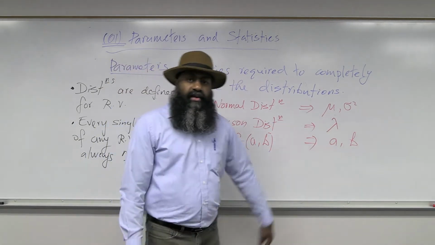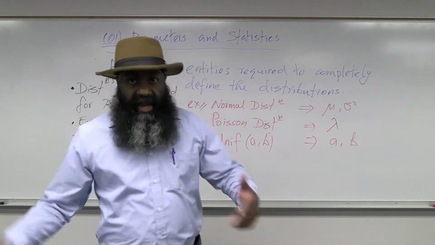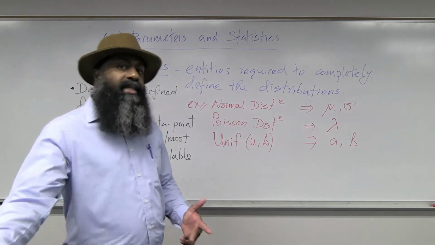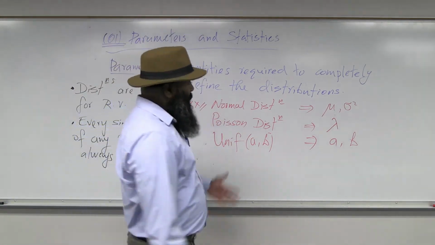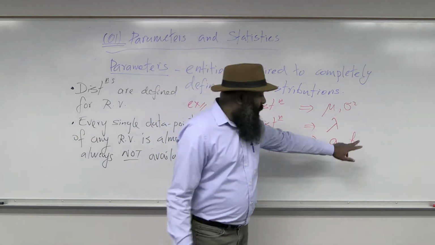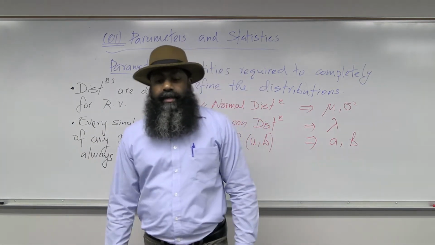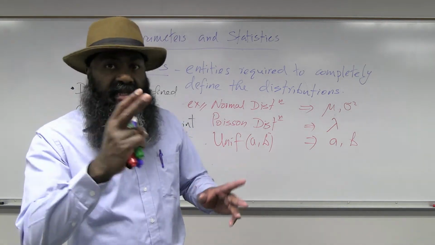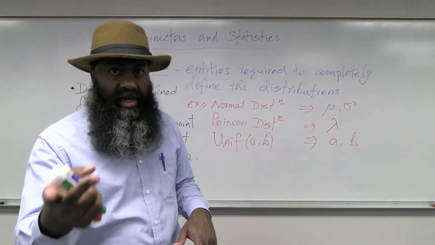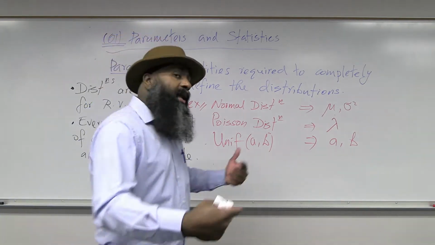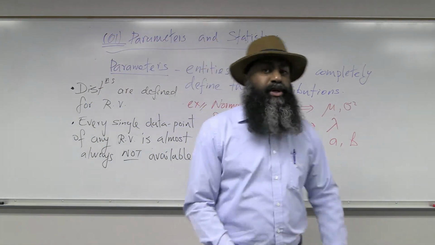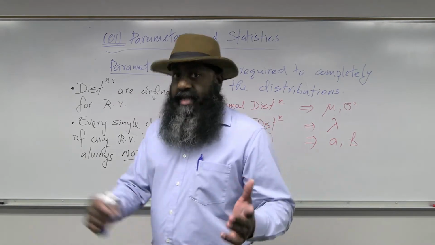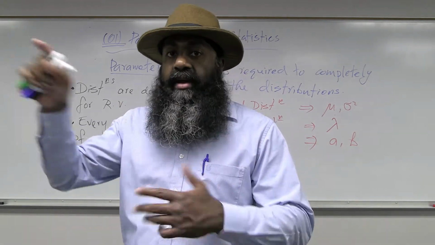Well, A and B for the uniform distribution, they are the endpoints. A is the starting point, B is the ending point. And I will still need a dataset to properly calculate A and B. Maybe I can calculate mean. Mean is given by A plus B divided by 2 for the uniform distribution, if you remember. Okay? And also I can calculate the variance for the uniform distribution. So the variance is given by B minus A, everything squared, divided by 12.